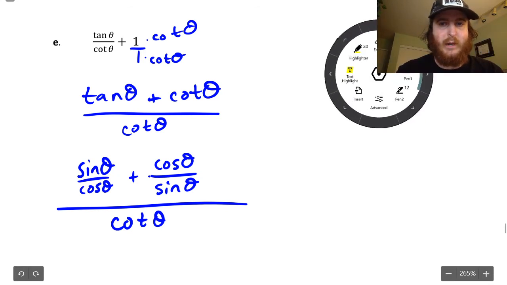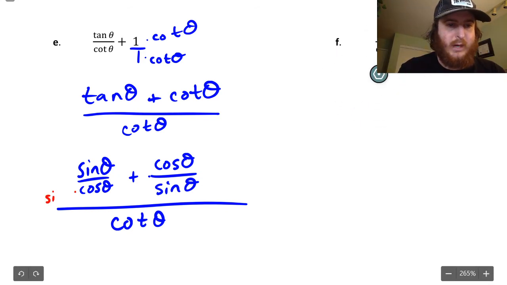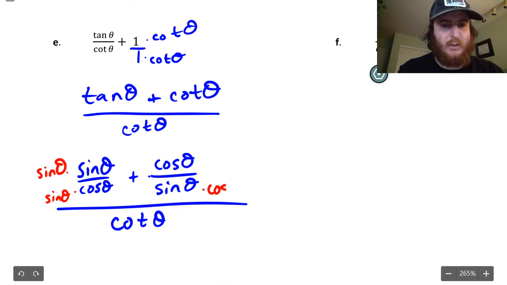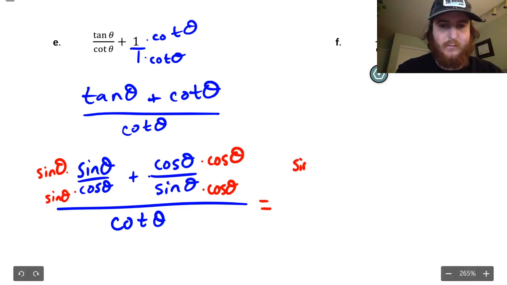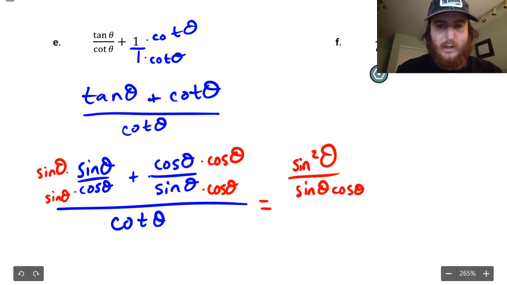So in our numerator, I'm going to write times sine theta times sine theta, and times cosine theta, to get a like denominator. So in the numerator, sine times sine becomes sine squared theta over sine theta cosine theta, and then plus cosine times cosine becomes cosine squared theta all over sine theta cosine theta.